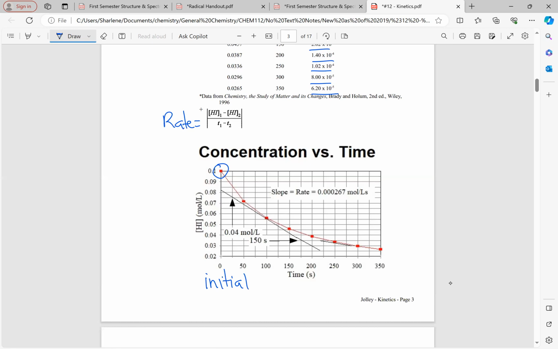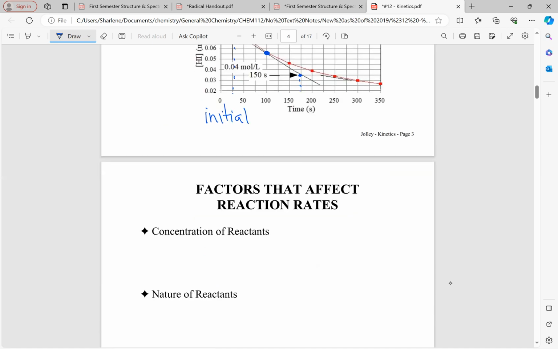So if you want to know anything about any of those times, you're going to have to draw a tangent line. Right here, I drew this tangent line, and then I found two places that seemed logical to get data from, and I could figure out the slope. That's the old way to do it.